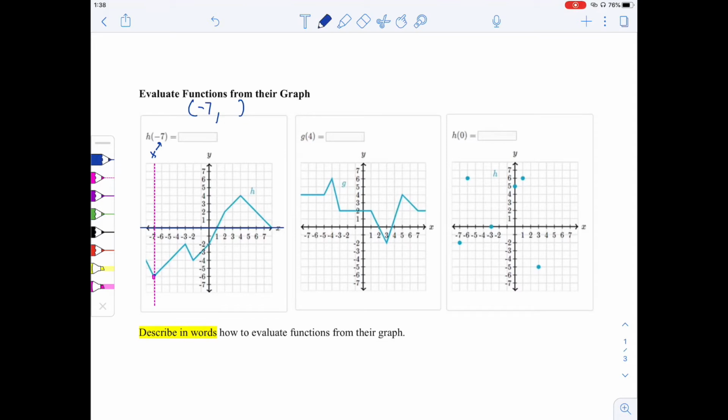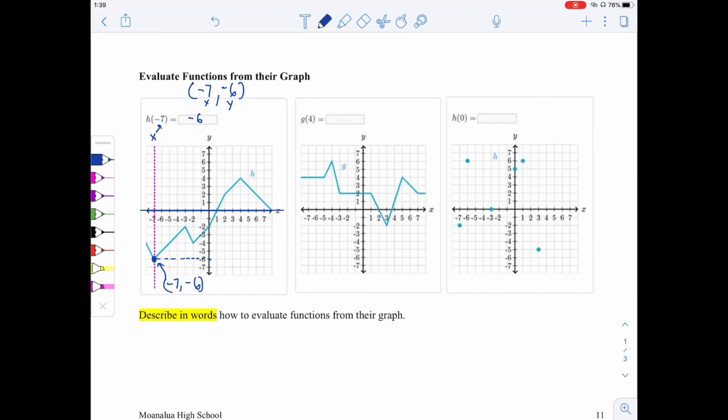It intersects at this point right here, and we go across and see that it intersects at negative 6 as our y. So this ordered pair is negative 7 for the x and negative 6 for the y. Left 7, down 6. So when x is negative 7, our answer is negative 6. We put negative 6 in there.